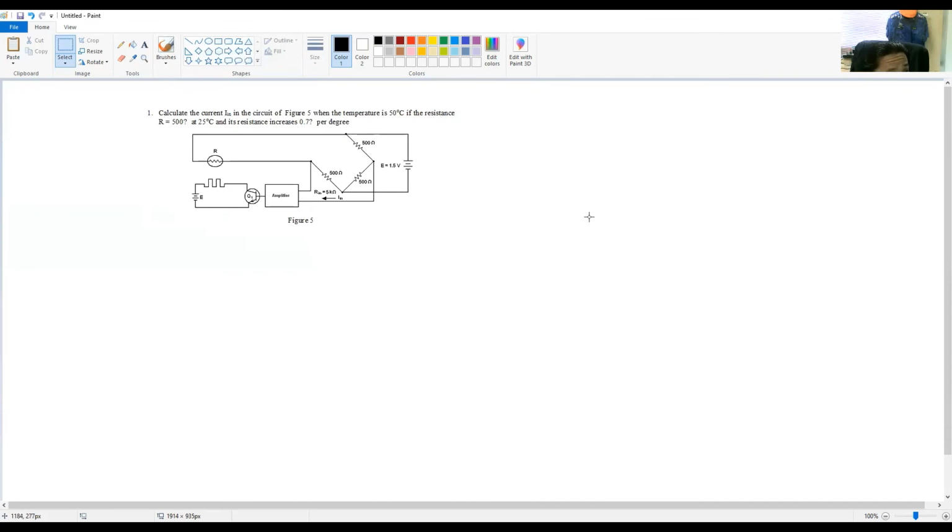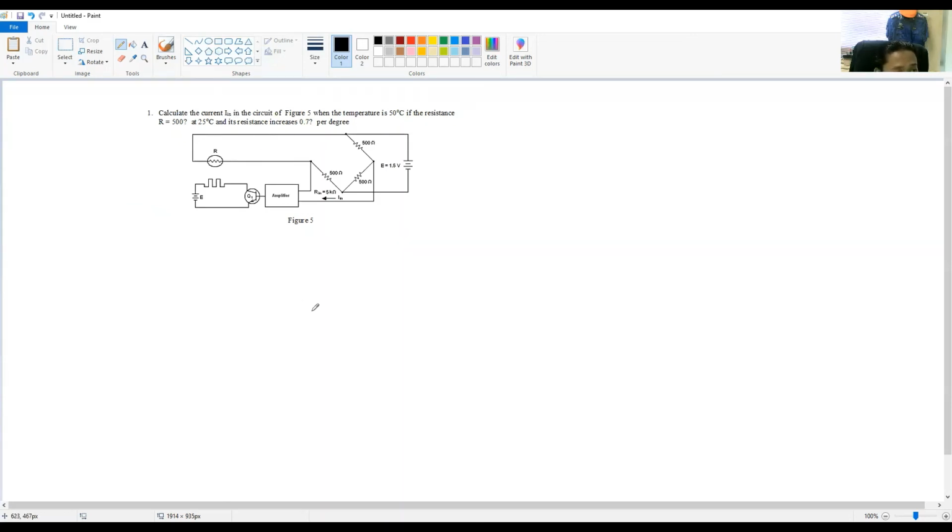Calculate the current I in the circuit as in figure 5, when the temperature is 50 degrees Celsius, if the resistance is 500 ohms at 25 degrees Celsius and its resistance increases by 0.7 per degree. Then we have to calculate the I in.